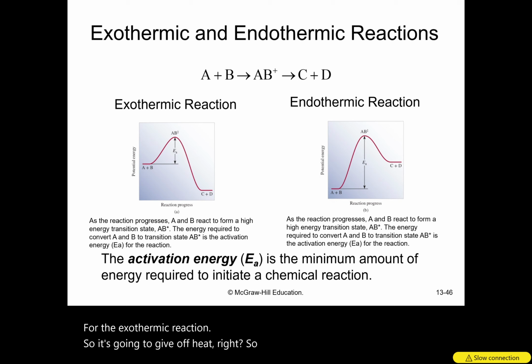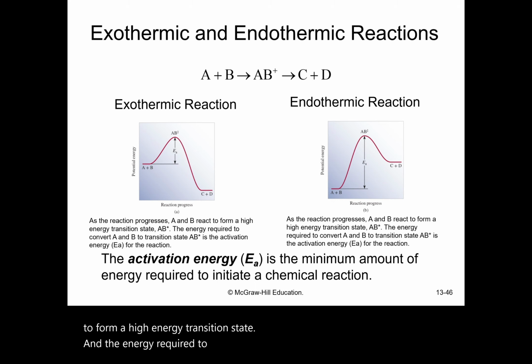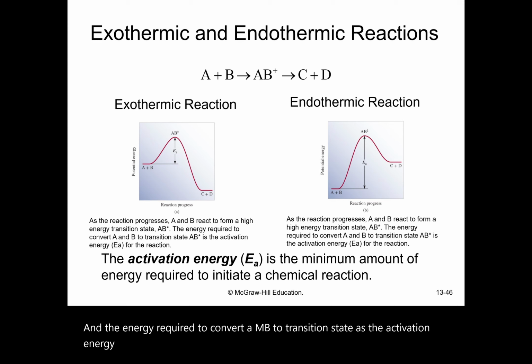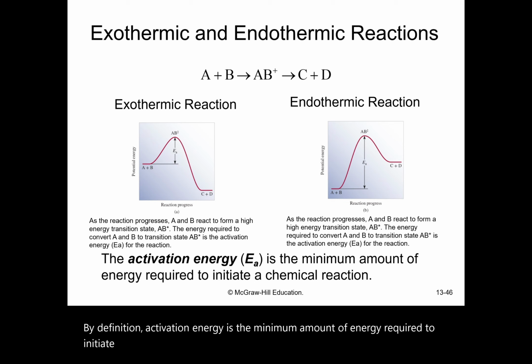So as the reaction progresses, A and B react to form a high energy transition state. And the energy required to convert A and B to the transition state is the activation energy for that reaction. By definition, activation energy is the minimum amount of energy required to initiate a chemical reaction.